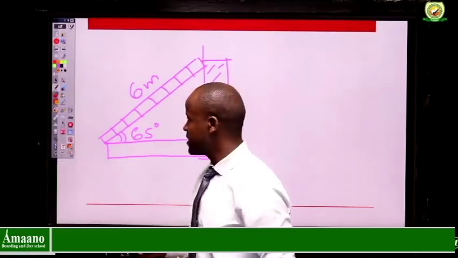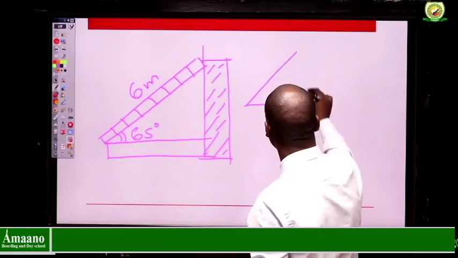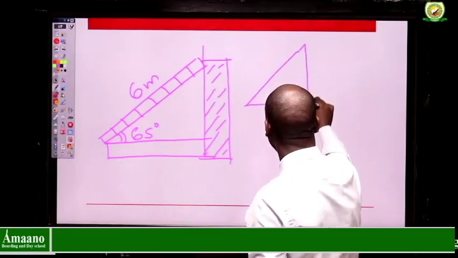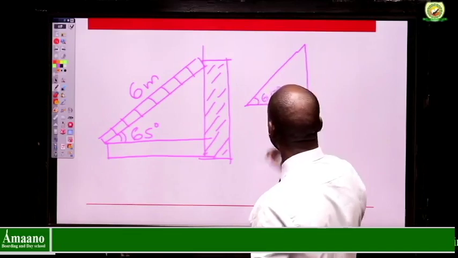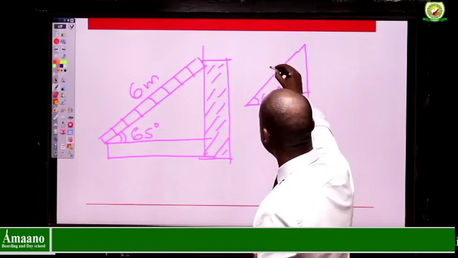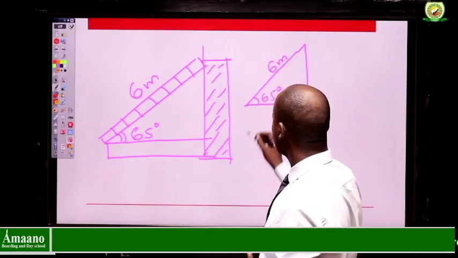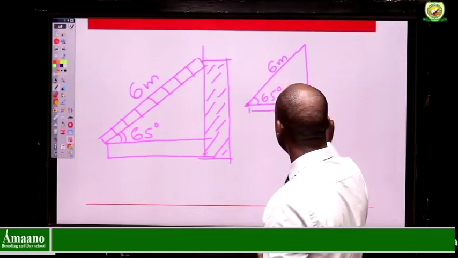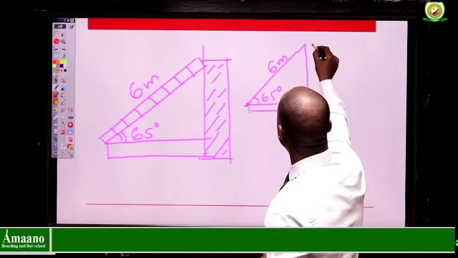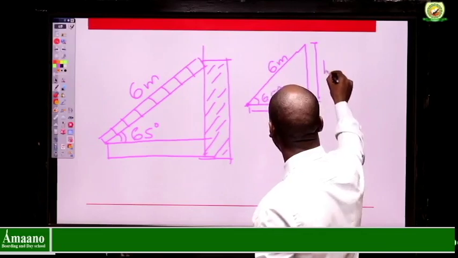You can draw the right-angled triangle here. This is 65 degrees, this one is the 90 degree angle, and this is 6 meters. In the first question, we are asked to find the distance from this point to this one, and in question B, we are asked to find the height h.